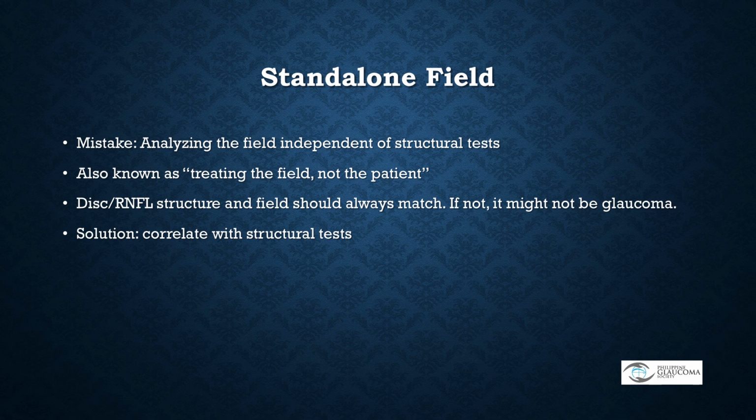So we must never try to analyze the field independent of the structural tests. The visual field should always match the appearance of the disc and the RNFL. If it doesn't, then it might not be glaucoma.